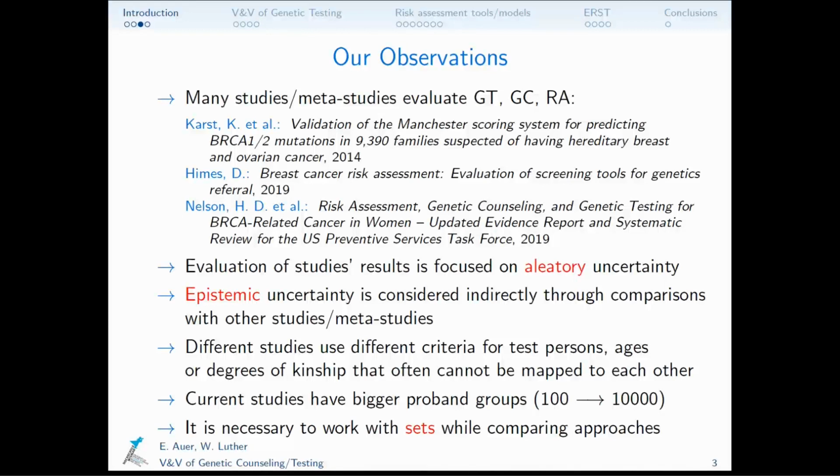Epistemic uncertainty is considered only indirectly through comparisons with other studies. Also, different studies use different criteria for test persons' ages, for example, or degrees of kinship, that often cannot be mapped to each other exactly. That is, it is necessary to work with sets while comparing approaches.